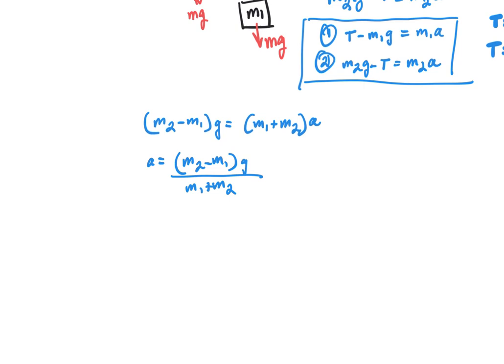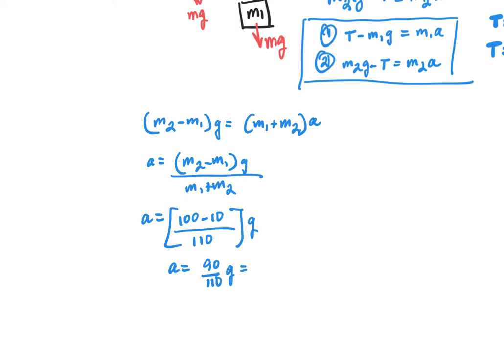Now, if we just plug in, all we're getting is 100 minus 10 over 110 times gravity. So acceleration is 90 over 110 times gravity.